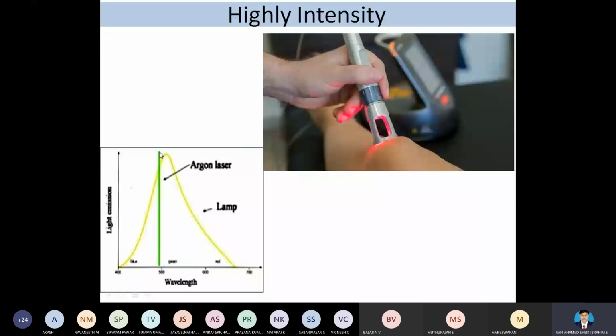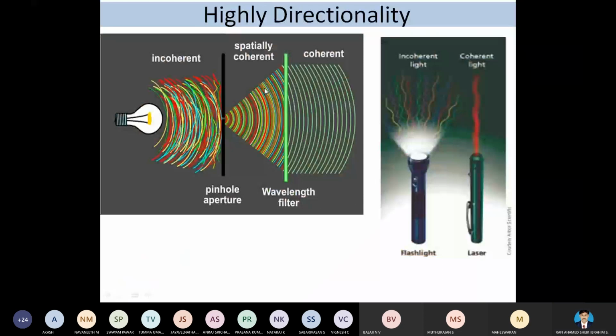We can't see that spread. So it is highly directional. That's why we are using these laser sources in many of our applications. I have shown a medical application here, healing, where we are using a laser source. So this will be the last parameter for characteristics, high directionality.